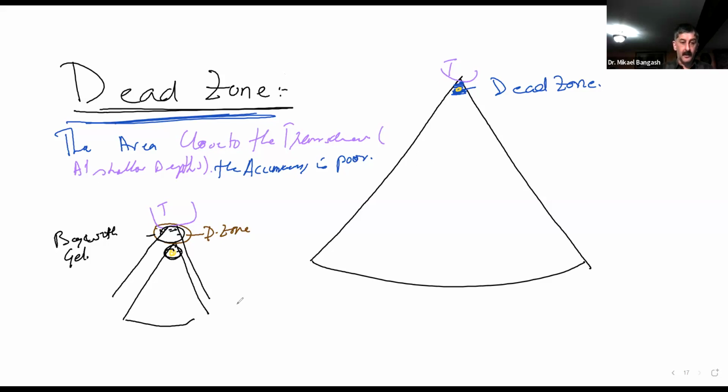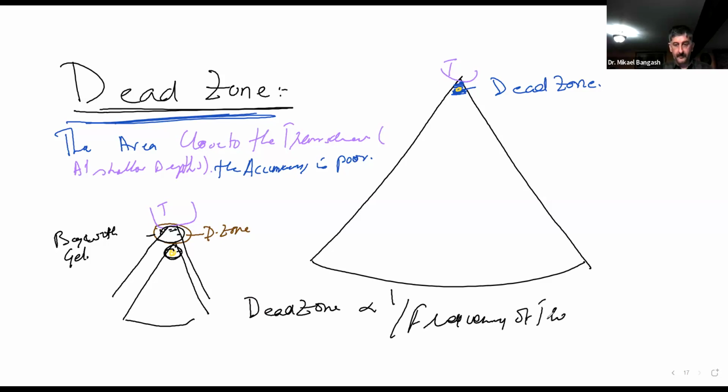Now the relationship that is going to be important is that dead zone is inversely proportional to the frequency of the transducer.